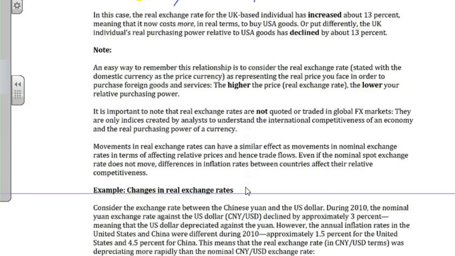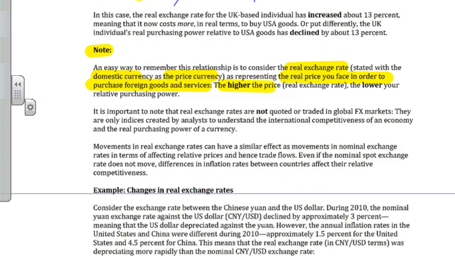I'm not going to spend too much more time over here, just to discuss this note very briefly. When considering the real exchange rate, as we stated, with the domestic currency as the price currency, we're representing the real price that you need to face or to pay in order to purchase foreign goods.